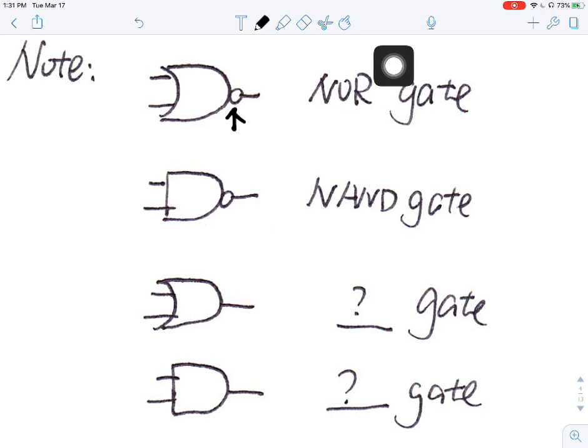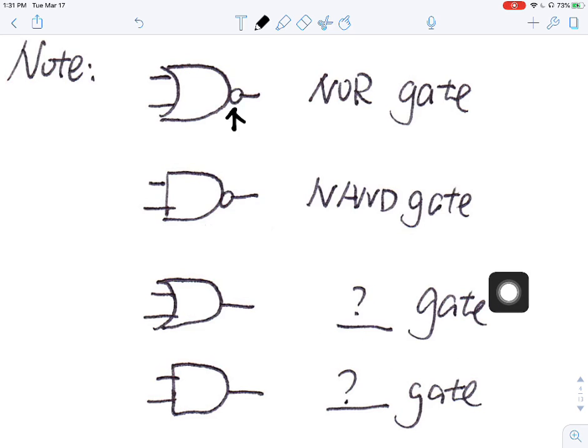It's pretty much an OR gate plus an inverter, so it inverts everything from an OR gate. And this is a NAND gate, an AND gate with an inverter.